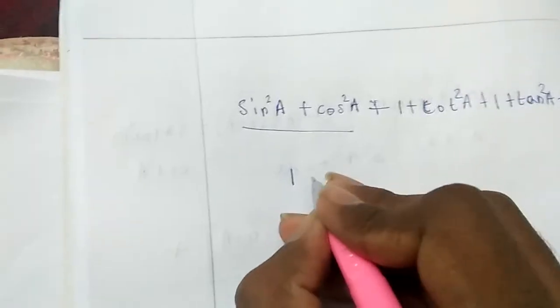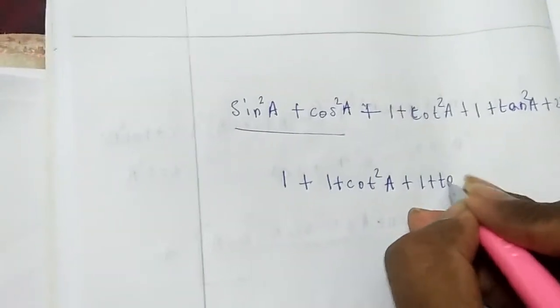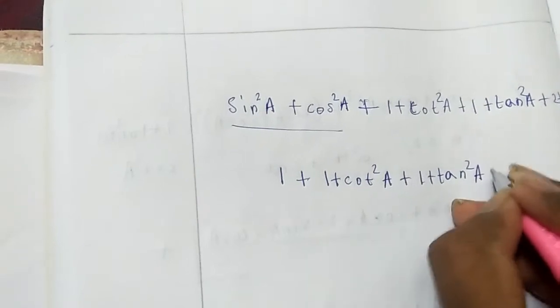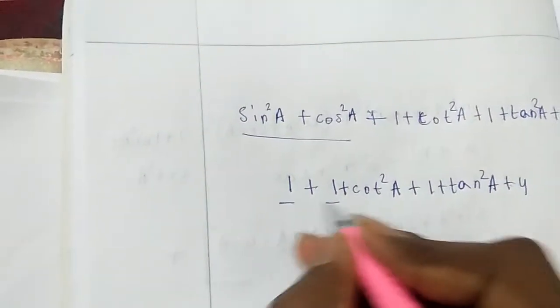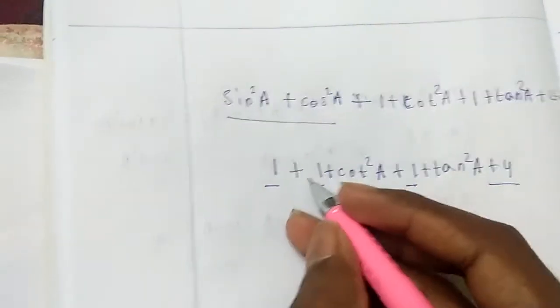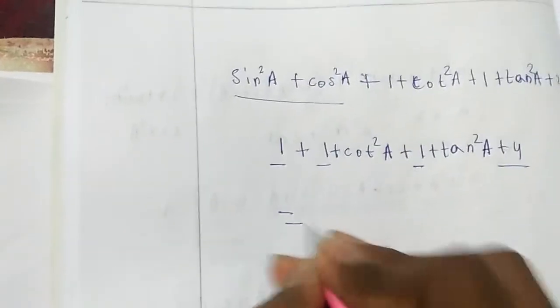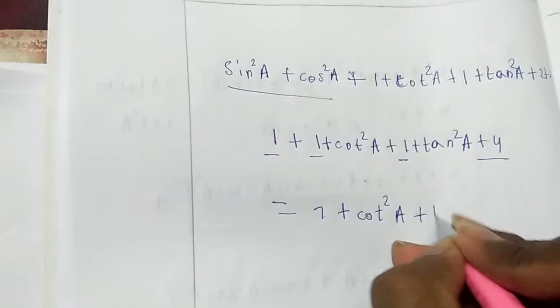So sin square a plus cos square a is 1, plus 1 plus cot square a plus 1 plus tan square a plus 4. Take the integer values aside. If we add all these integer values, 1 plus 1 is 2, 2 plus 1 is 3, 3 plus 4 is 7. So that is equal to 7 plus cot square A plus tan square A.